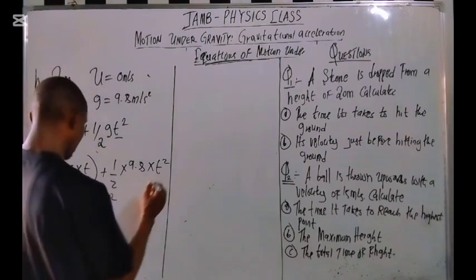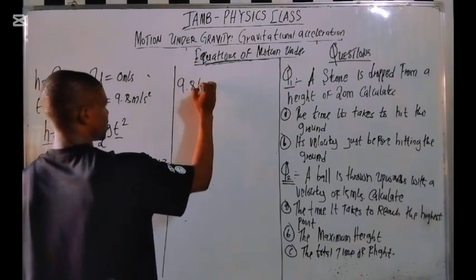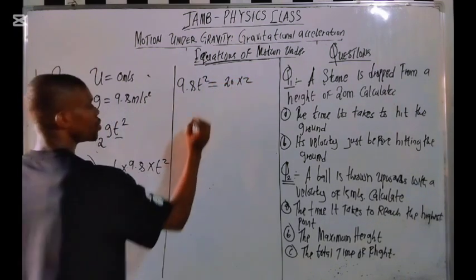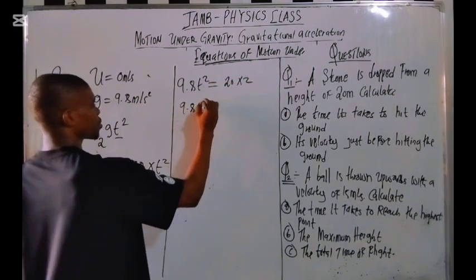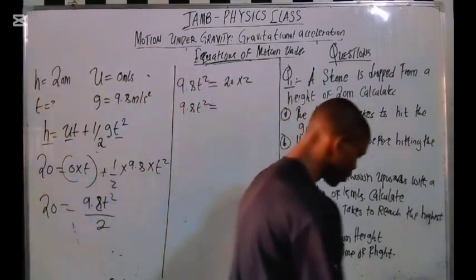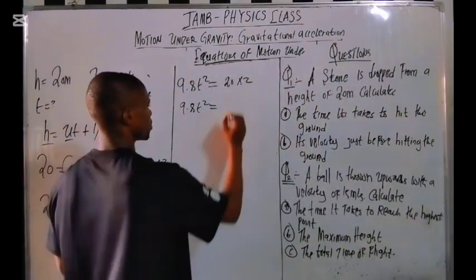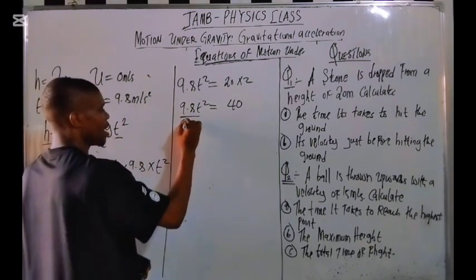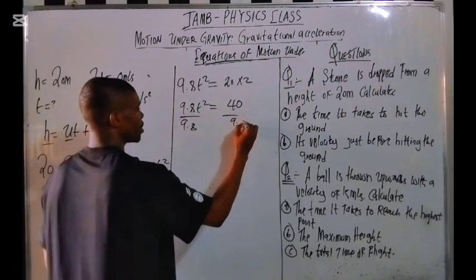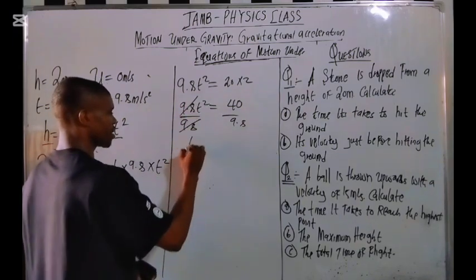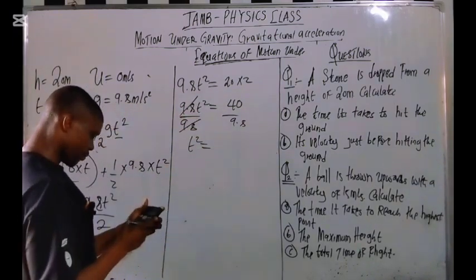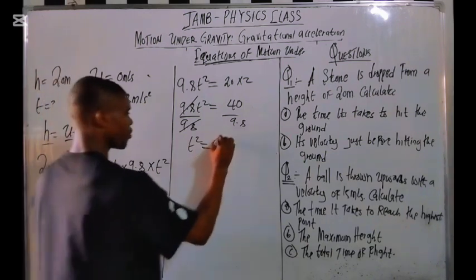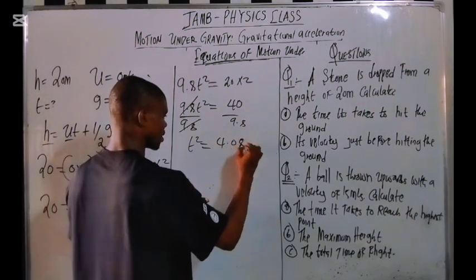When we cross multiply, we have 9.8 t squared equals 20 times 2, so 9.8 t squared equals 40. Divide both sides by 9.8. So t squared equals 40 divided by 9.8, which is 4.08.